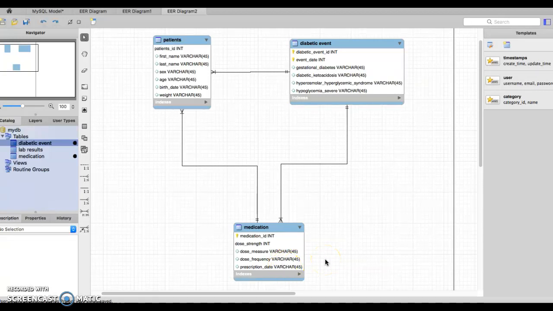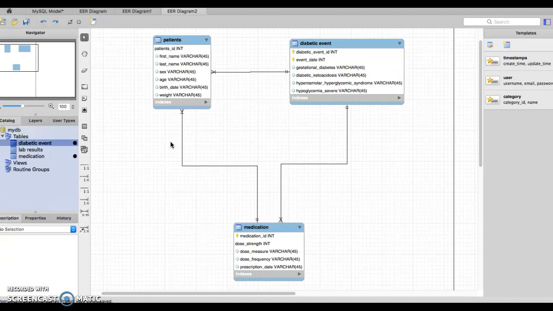All of the medication information is based off of not only the diabetic incident chart, but more importantly, this chart here. This information is specific to each patient, such as weight, age, and gender, which are all important in determining the dosing strength and frequency, because these can have differing effects for each patient based off of those criteria.